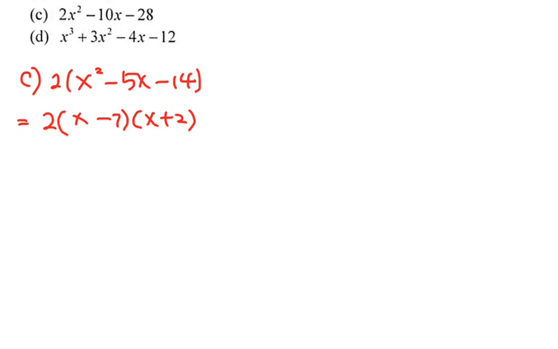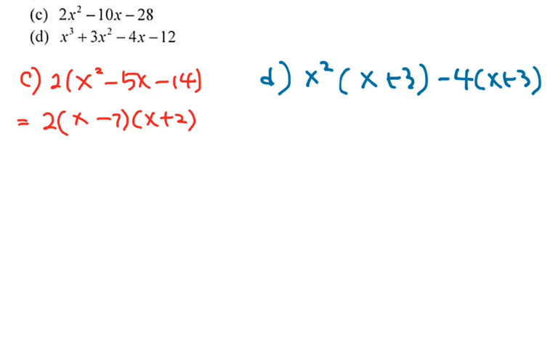How about part D? When you have 4 terms, many times you may end up factoring by grouping. So we see that x squared is common in the first 2 terms, and there we have x plus 3 as the other factor. How about the last 2 terms? Negative 4 was common, and we are left with x plus 3.